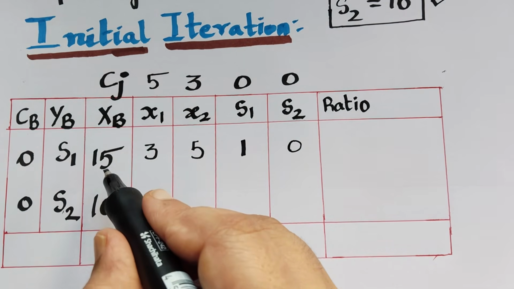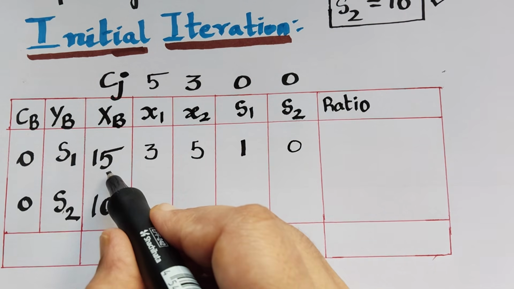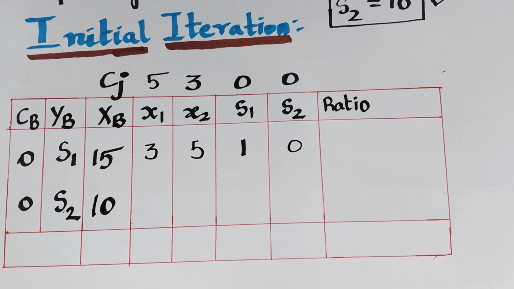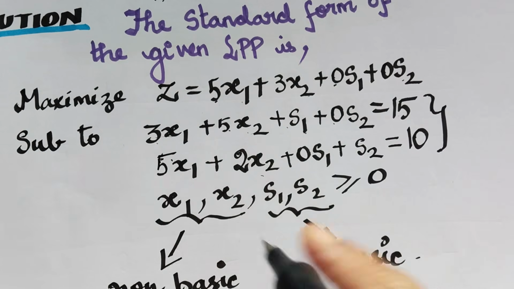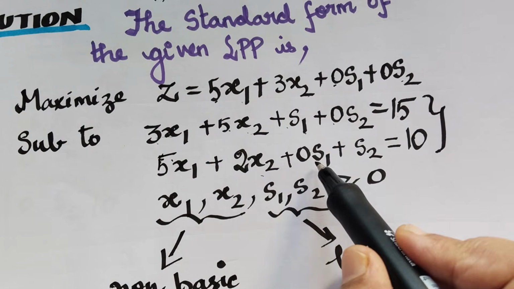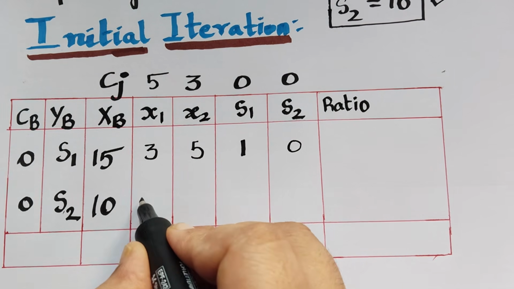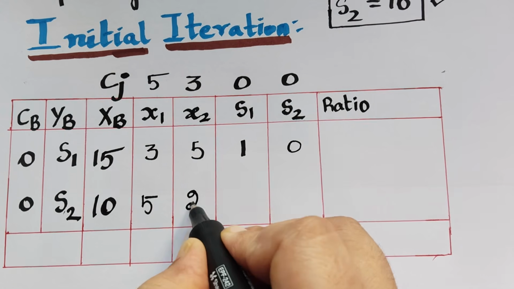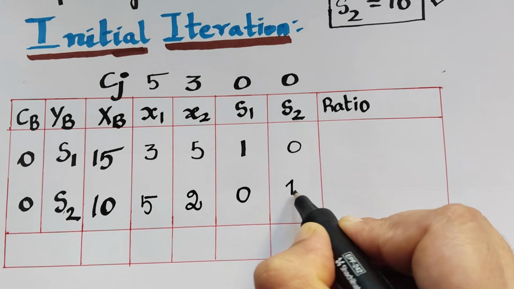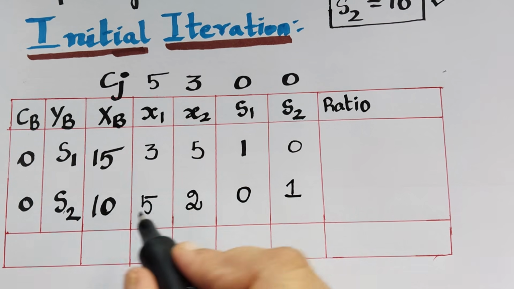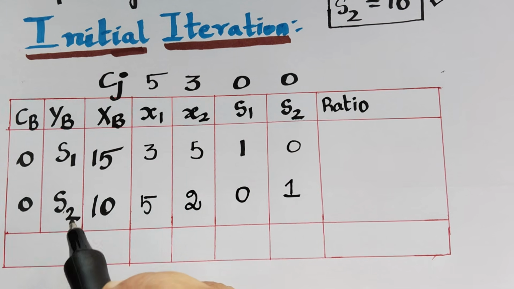And this 15 was the right hand side of the first constraint. And the second row will be 5, 2, 0, 1. So let us write that. So 5, 2, 0, 1. And the right hand side of this constraint was 10, and that only has come here.